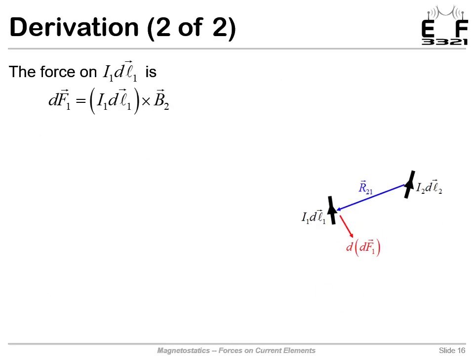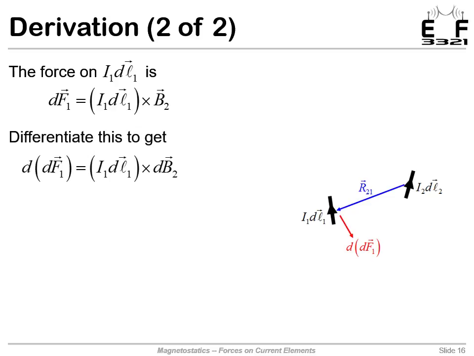Now that we know the magnetic field put off by that second current element, we need to calculate the force that puts on the first differential current element. However, we've written B2 here, and we don't really have B2. We have the differential of B2 because it was generated by a differential current element. So we can get a differential of B2 simply by differentiating this equation. So we differentiate, and now we have a double differential for our force, and on the right-hand side, our differential is applied to B2.